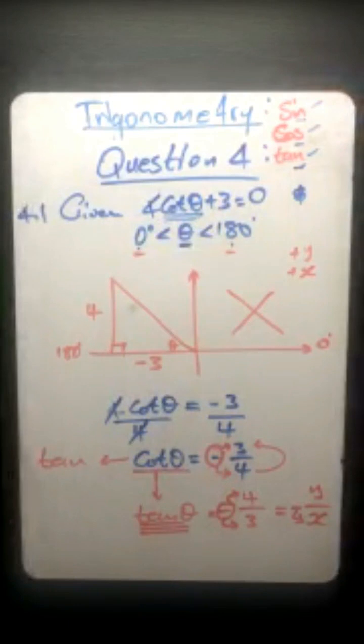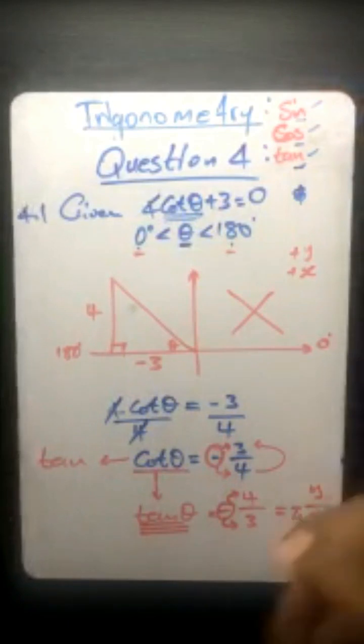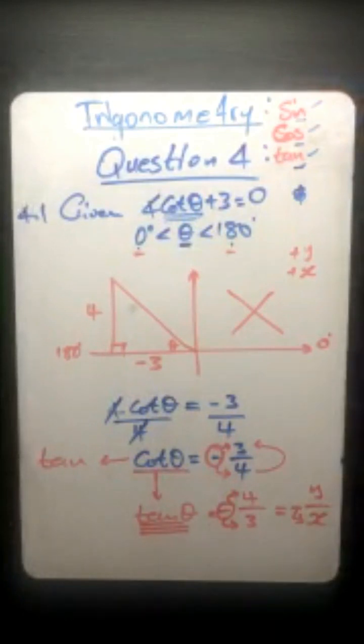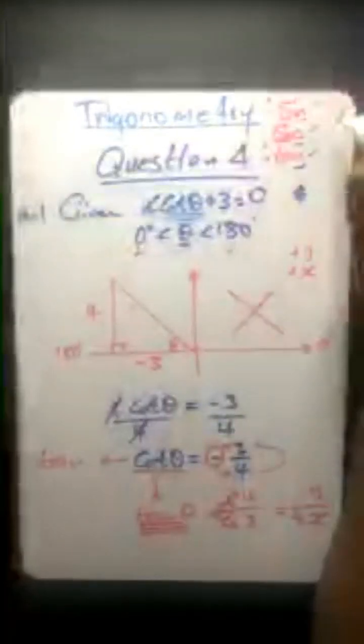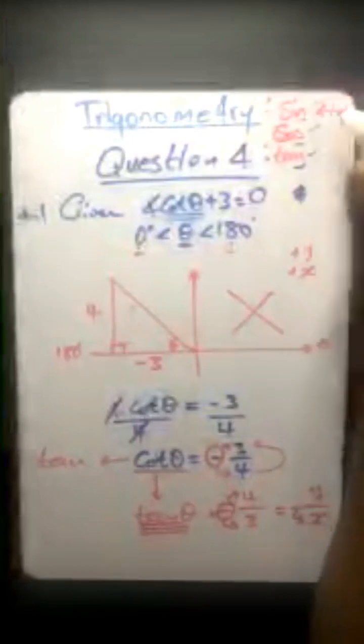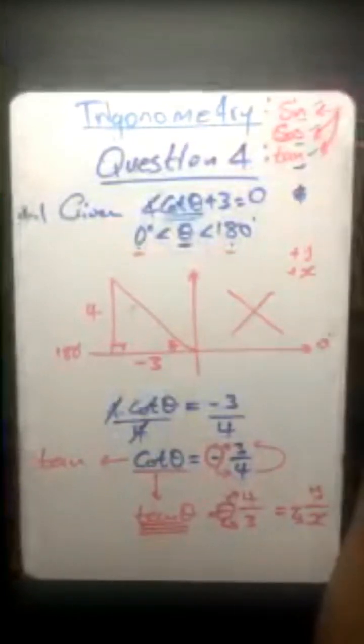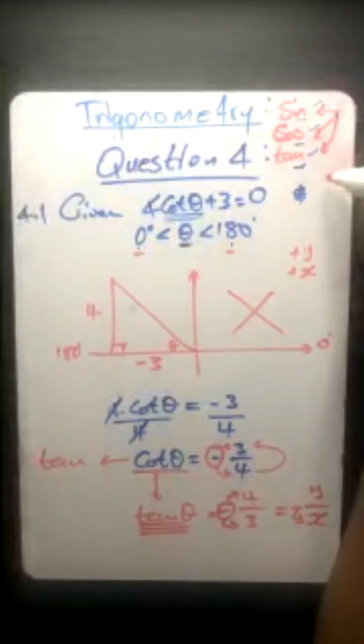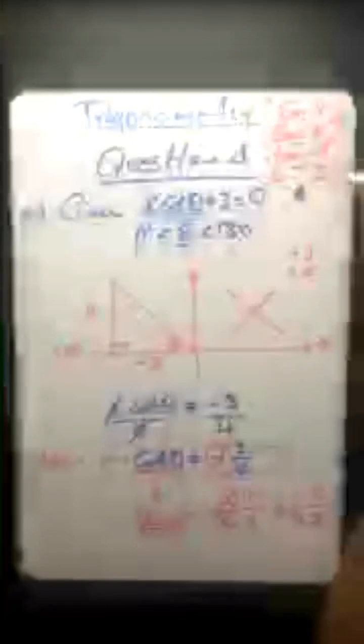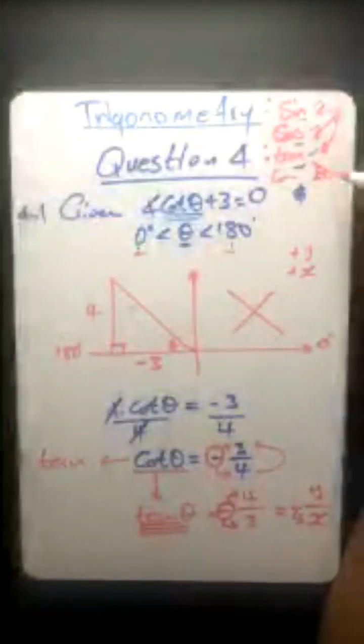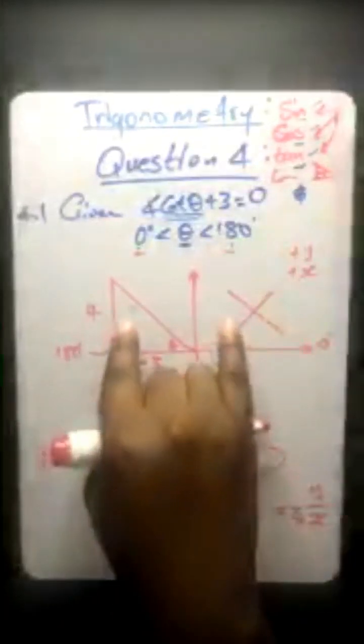But before you've done all of that, do not look at the questions. So this is what I used to say: make sure that you have your ratio as sine, cos, or tan. Once that is done, then complete your right-angled triangle. When I say complete it, I mean determine in which quadrant it is.